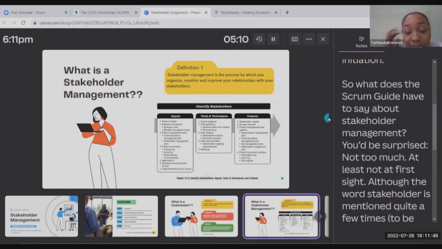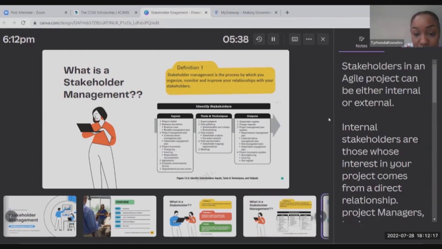So, like I said, earlier I made reference to the previous version, or the waterfall version, of initiating a project. And that particular process is underneath identify stakeholders. However, the Scrum guide makes very little reference to stakeholder management, but it does make reference to identifying stakeholders and when they should be engaged.